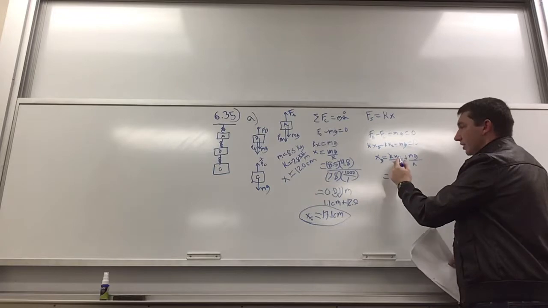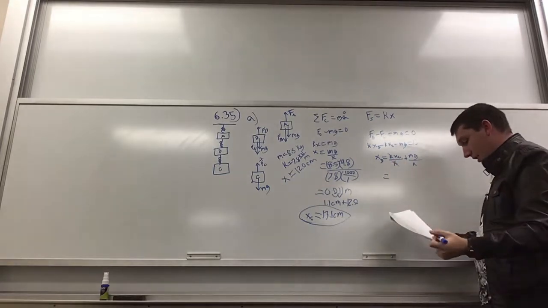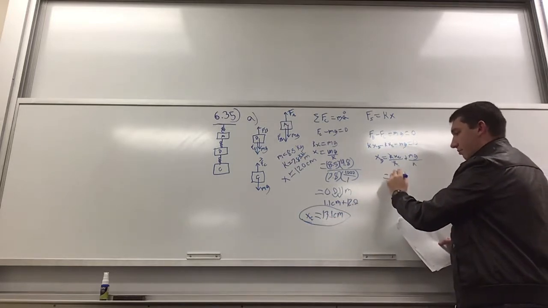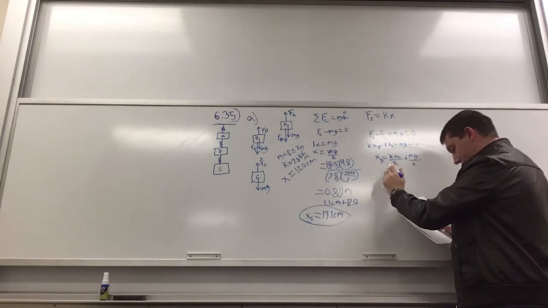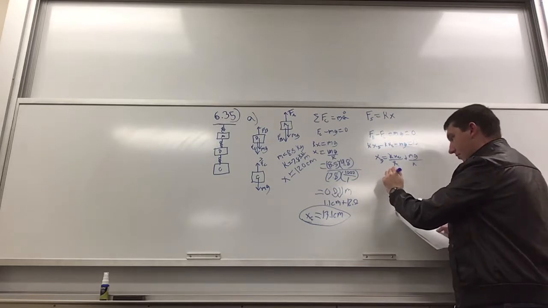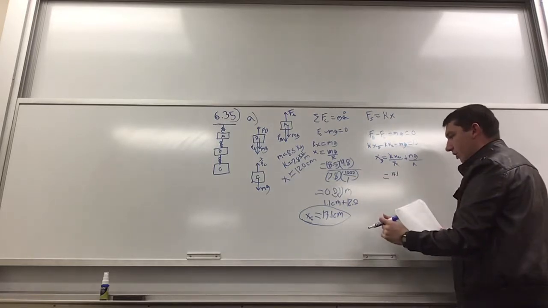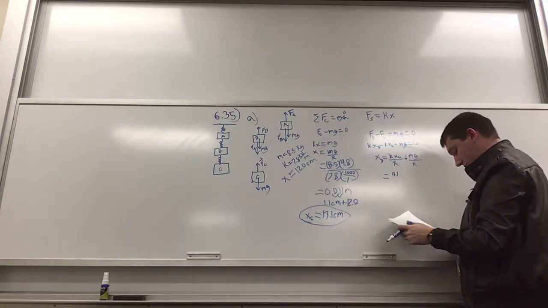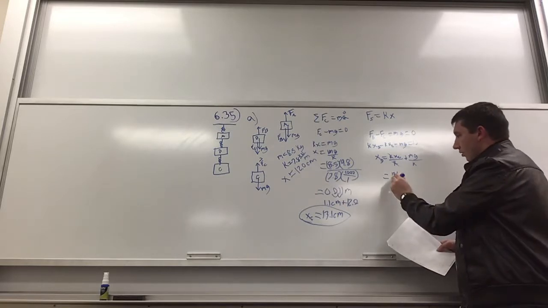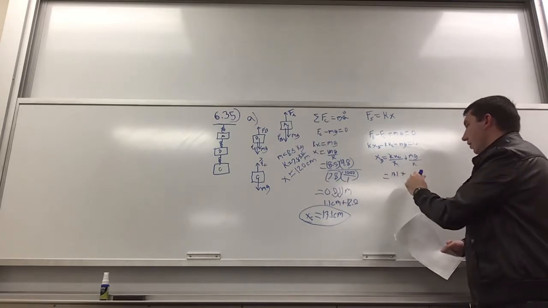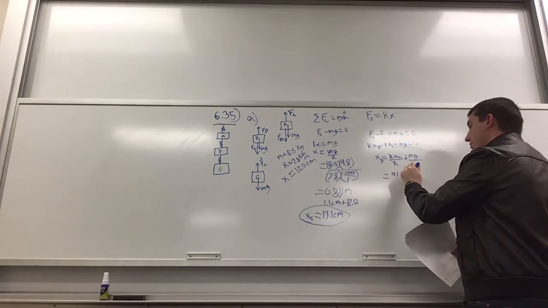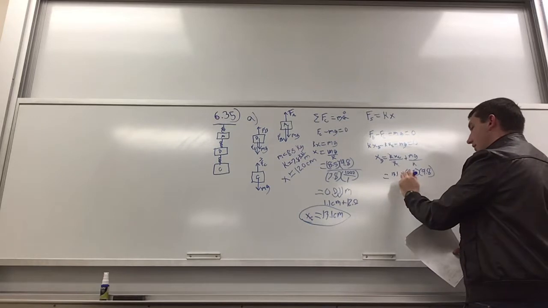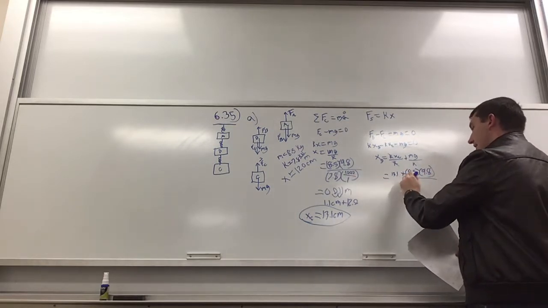So we know that the distance of spring C is going to be 13.1 plus 8.5 times 9.8 divided by 8.7.